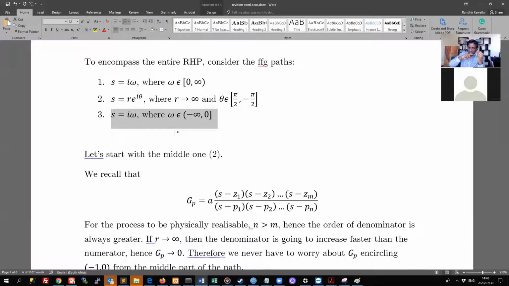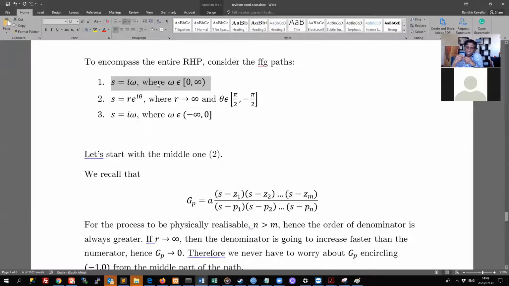And then in the second part, it will just travel on the complex conjugate to that. So it's not going to give us additional encirclements. So because of the property of complex conjugates, we can say these two, 1 and 3, are going to give us the same information. So we don't have to commit to number 3 either. So we just need to do this part.